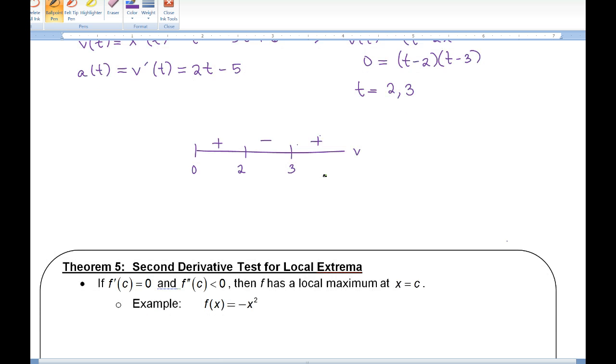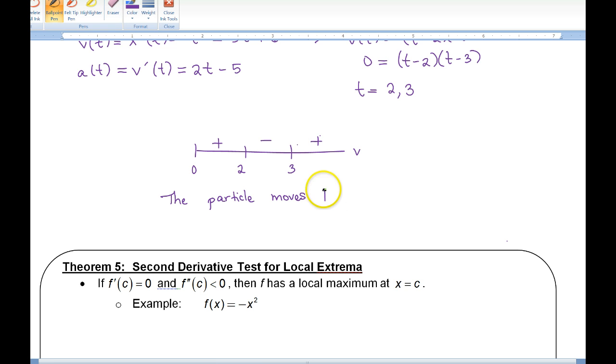So the way we would describe the motion of the particle, so the particle moves in the positive direction. Well, actually, let's say to the right.